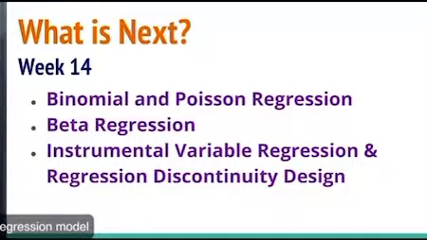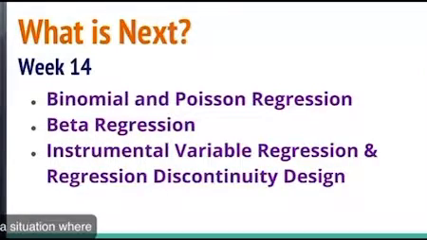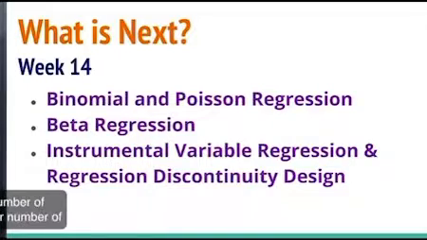It is the binomial regression model that we call logistic regression model. What of a situation where the response variable is a count? I'm talking about if the response variable is the number of visitors or customers that visit a restaurant, and I have some predictor variables. That's count data. That's not continuous. The type of regression you're going to use there is a Poisson regression.